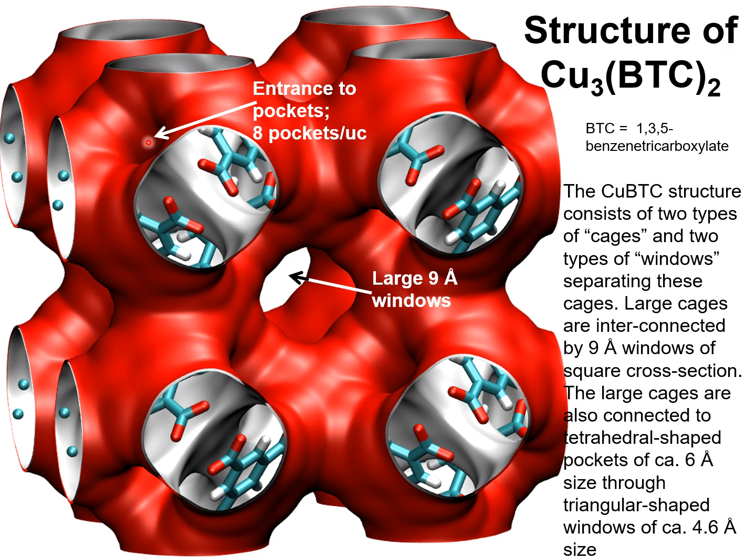The large cages are also connected to tetrahedral pockets through openings that are about 4.6 angstrom in size, and the openings are triangular in shape. There are 8 tetrahedral pockets per unit cell.